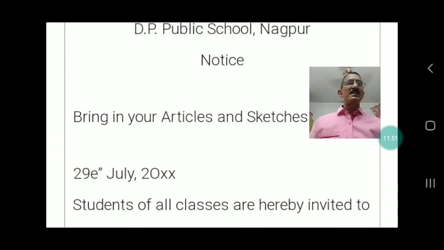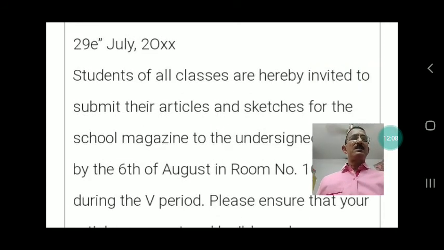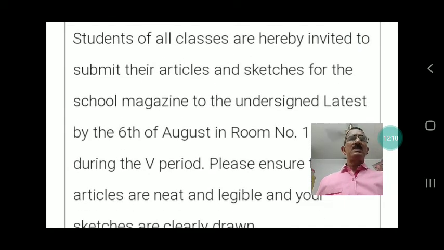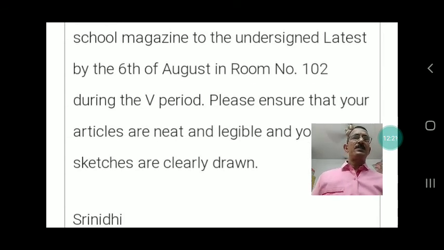One more question I have just inserted here. DP Public School, Nagpur, notice: Bring in your articles and sketches. Yes, 29th, you can write, or any date that is mentioned. Students of all classes are hereby invited to submit articles and sketches for the school magazine to the undersigned latest by 6th of August in room number 102 during the B period.